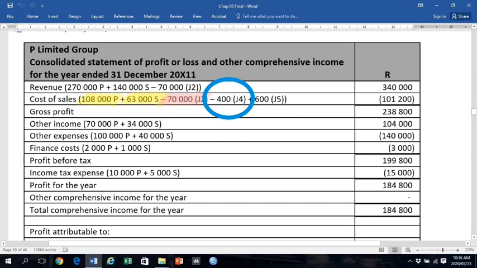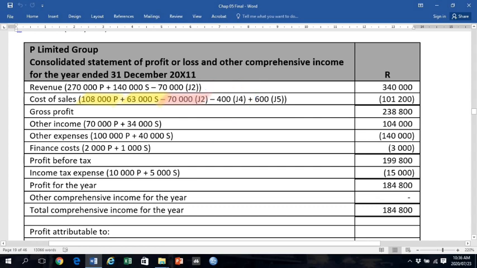The reason for the credit to cost of sales was to reduce cost of sales of the group and then ultimately increase the gross profit of the group, as this profit is now realized for group statement purposes. If you look at the effect that this 400 has on the line item cost of sales, you would see that it achieves exactly that. If we make cost of sales less, we increase gross profit.